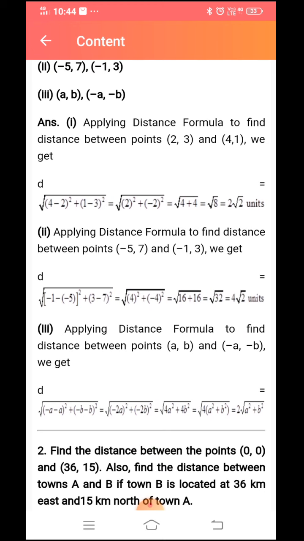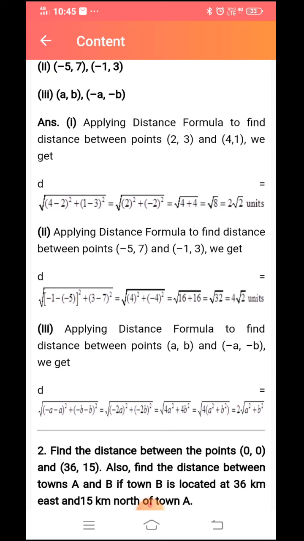While squaring 2 and minus 2, we get the same result, 4. So 4 plus 4 is 8. Root 8 can be written as 2 root 2 units. So the distance between the two points (2, 3) and (4, 1) is 2 root 2 units.